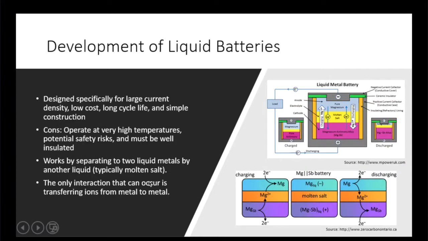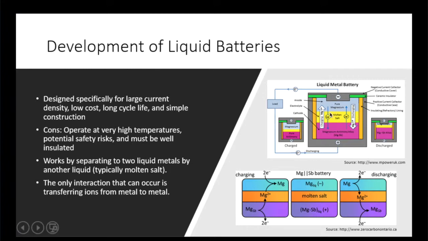All right, and lastly, what I'll be talking about is liquid batteries. The cons on these are that they have to operate at very high temperatures, roughly 400 degrees Celsius to 700 degrees Celsius. They work by having two liquid metals separated by another liquid, typically a molten salt, as you can see in this photo.